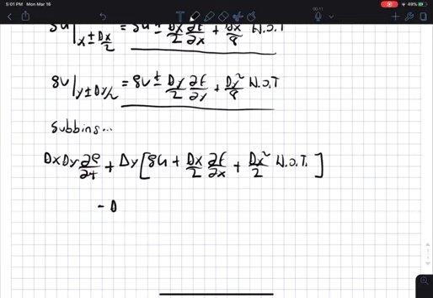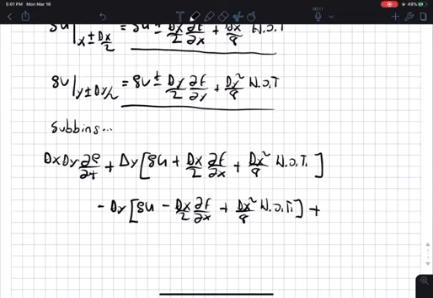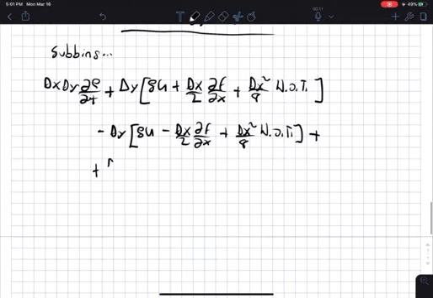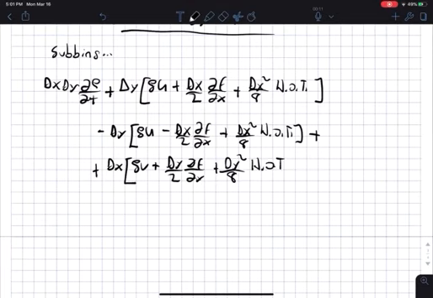Plus the contribution from the left face, so that's delta y times rho u minus delta x over 2 partial f partial x, plus delta x squared over, this is not over 2, this is over 8 times higher order terms. Plus the contribution from the top face, so that's plus delta x times rho v minus delta y over 2 partial f partial y, plus delta y squared over 8 times higher order terms.